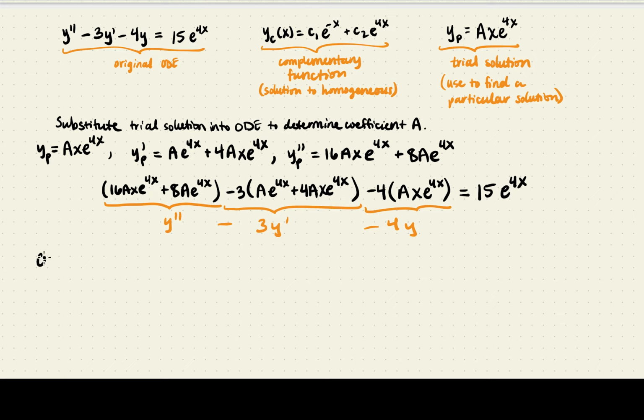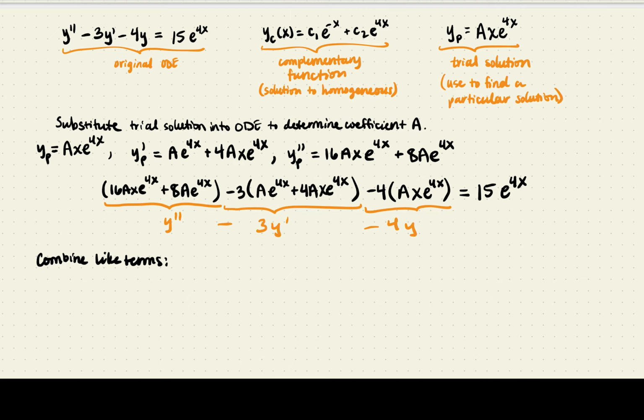Okay, and we combine like terms. I'll combine things that have x and e to the 4x. That would be a 16a x e to the 4x, and this 4a e to the 4x, and we also have a negative 12a x e to the 4x. Then I combine things that don't have an x next to them.